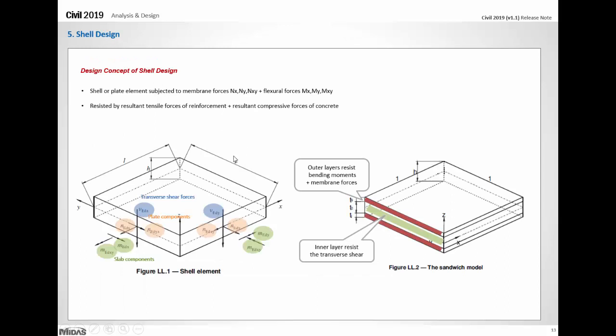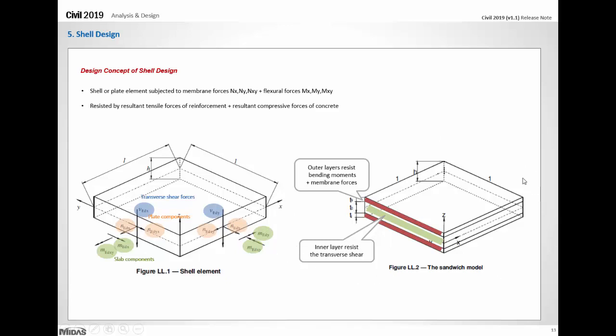So shell design is based on two conditions, either cracked or uncracked. If it is uncracked, it will be quite simple and straightforward, and if it is decided to be cracked, we will then apply the sandwich model, which is described in this figure.